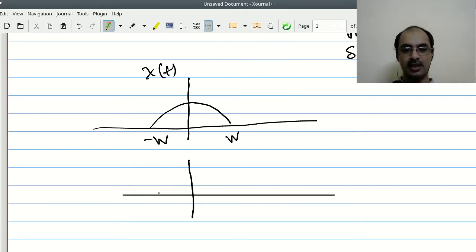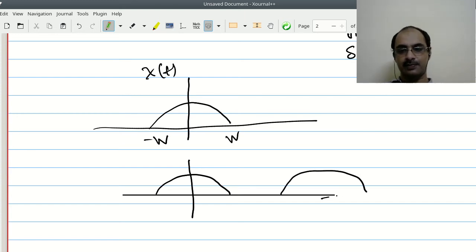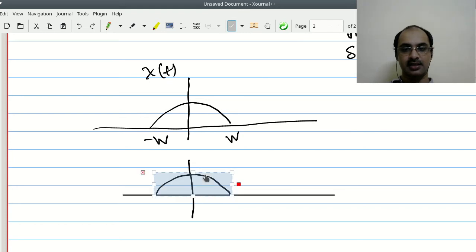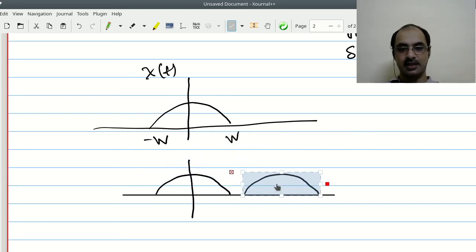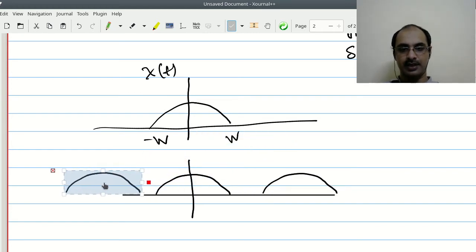Then you're going to have this and this, and you're going to have another repetition. Let me make it more accurate. I'll select this object, copy, and paste it about here, and here, and so on.